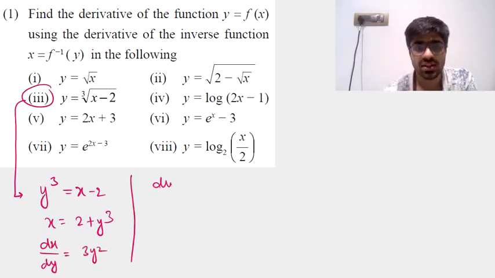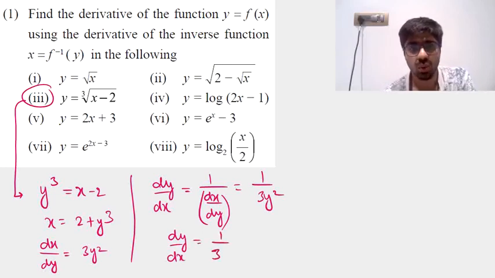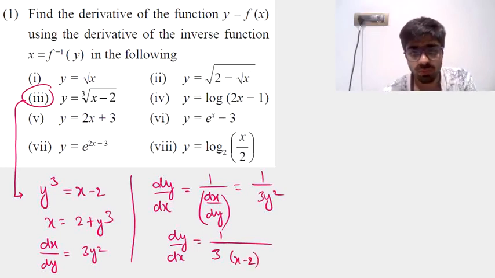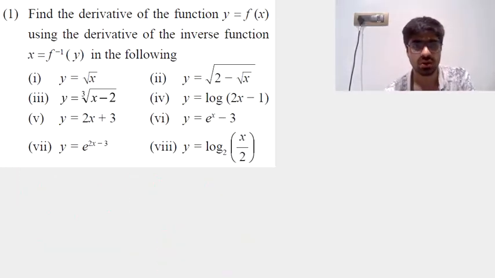So dy by dx is going to be 1 upon dx by dy, so we have 1 upon 3y square. And y square will be written as x minus 2 power 1 by 3 and the square of it, so power 2 by 3. That's how we can write dy by dx for the third question.